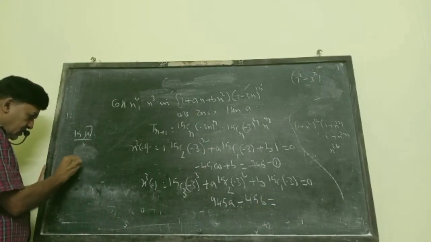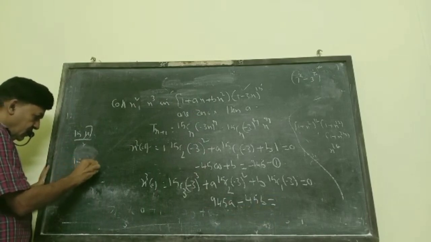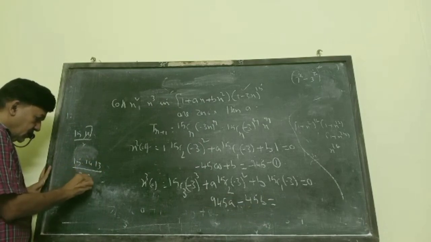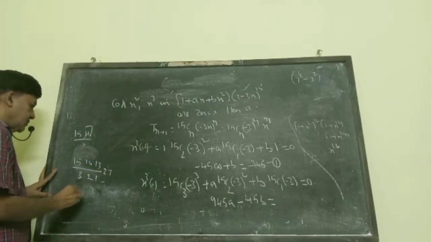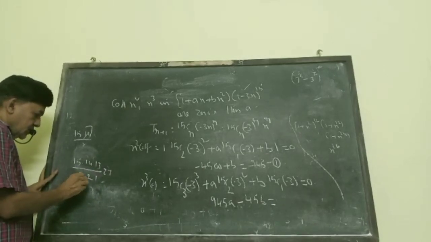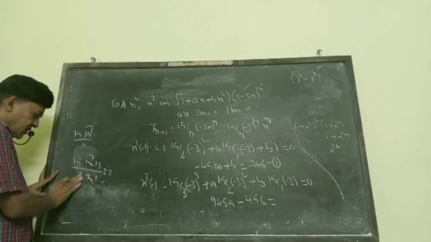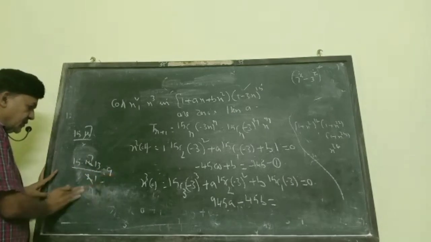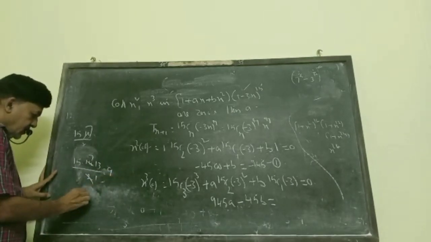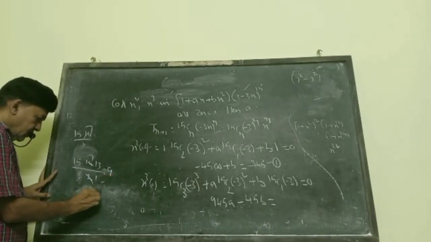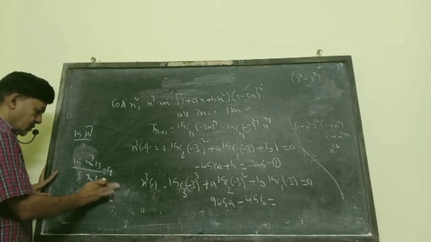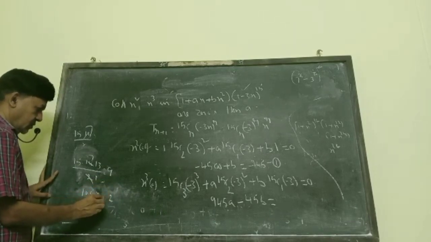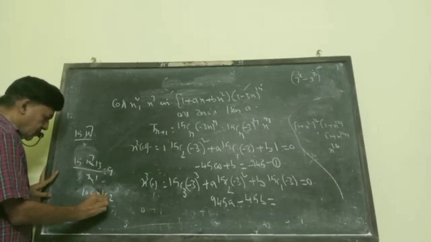How much? 15, 14, 13 by 3 into 2 into 1, into 27. So you can simplify this, 7 times, this is 9 times. 15 sevens, 105 into 162.